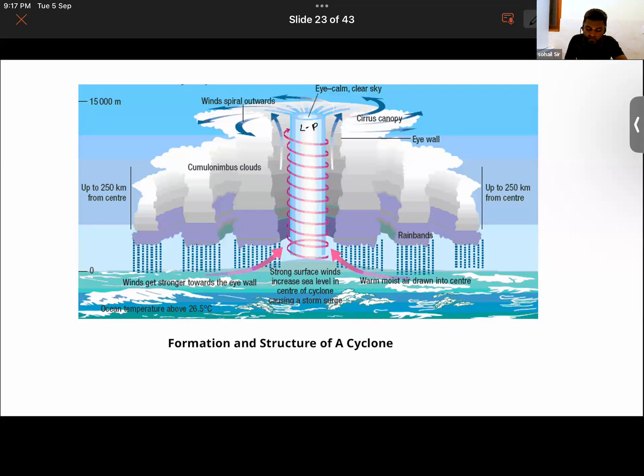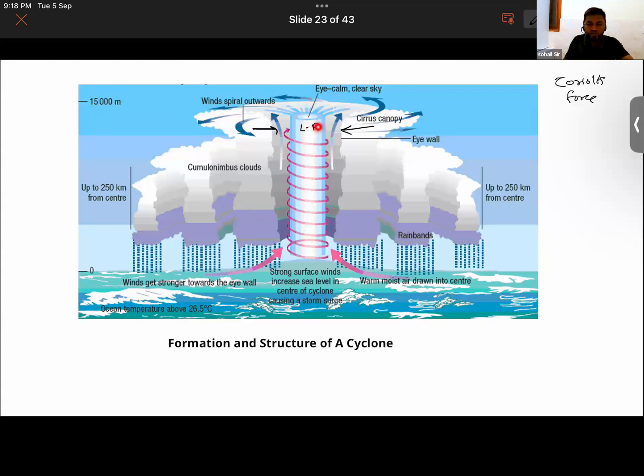More and more air will be starting to come towards the center, but the air that is coming towards the center of the storm will not be in a straight direction. Why is it so? Because of the Coriolis force. See the directions here. This direction depicts the coming of the air molecules from the surrounding region towards the lower pressure region.